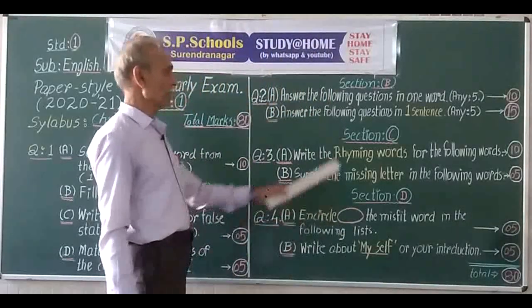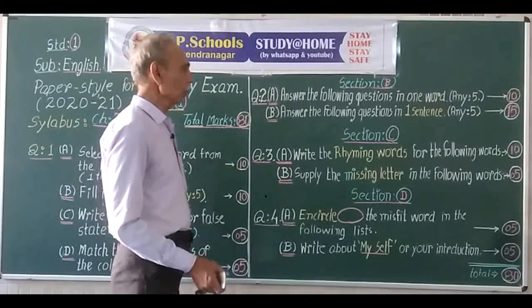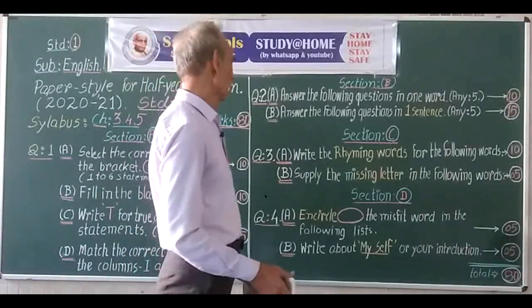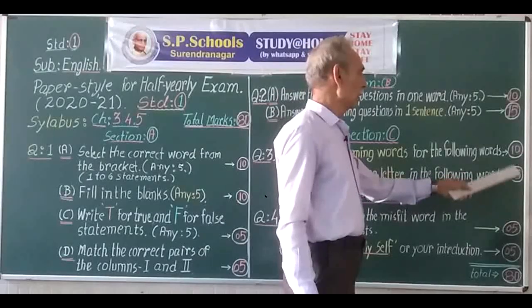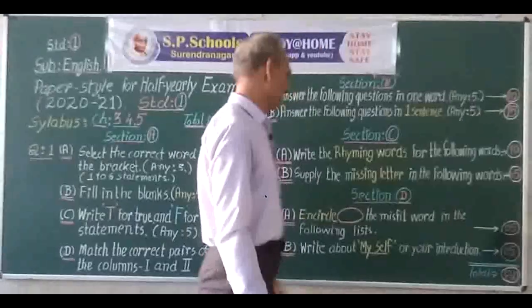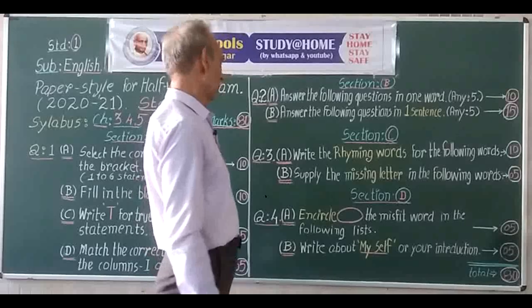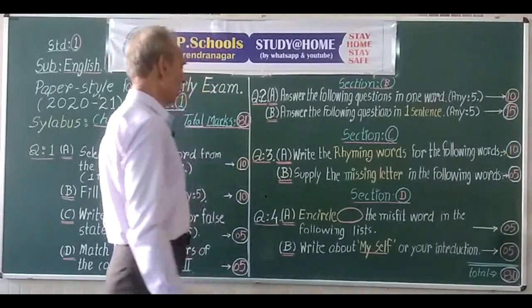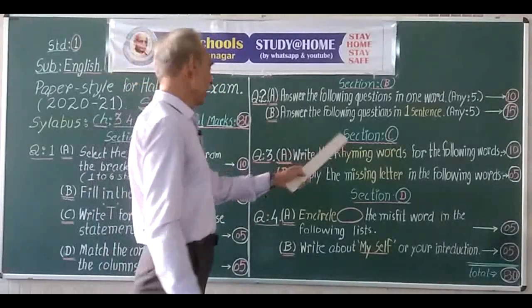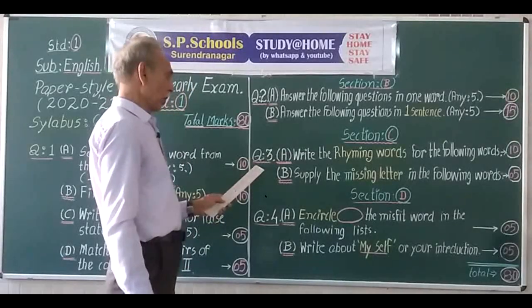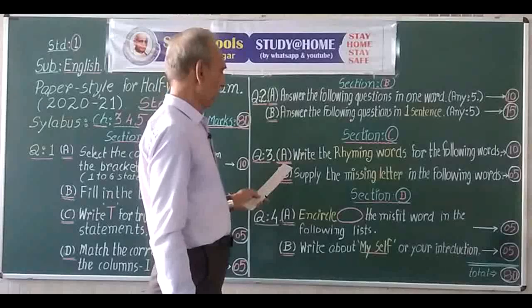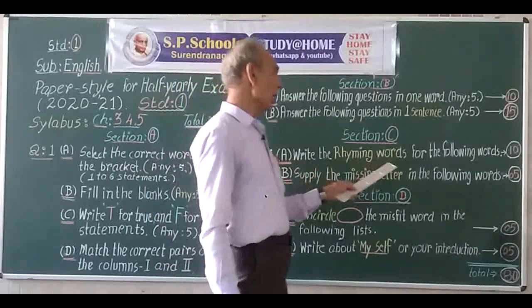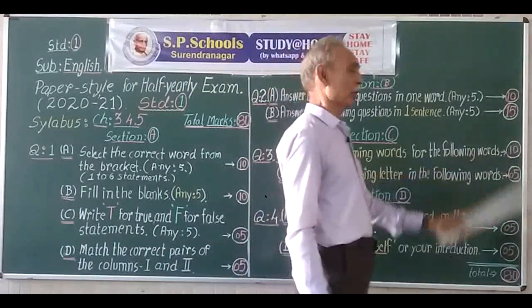Now over to Section C. It is also a section of 15 marks. Section C contains question 3A. Write the rhyming words for the following words.